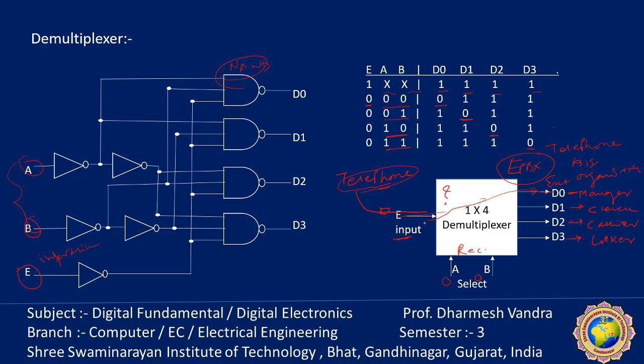If the incoming call is not for the manager but for the local department, the receptionist presses 11 and diverts the call to the local department, and the remaining are disabled. So the EPBX system is like a demultiplexer circuit.